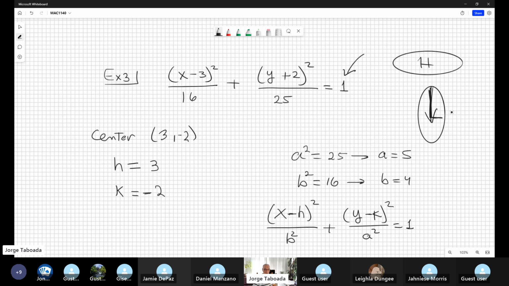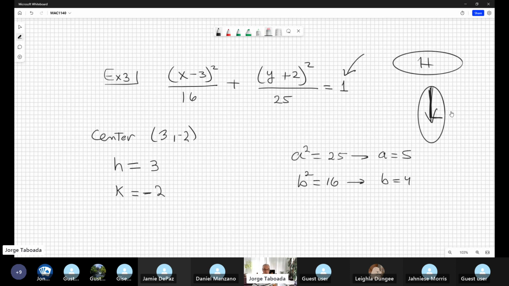Do you see this or no? Yes or no? Yes, it's clear. Okay, now I need to finish that. In order to finish, we need the C, the focal distance.